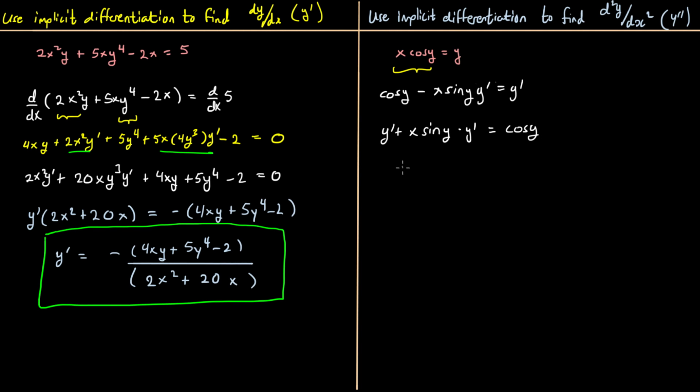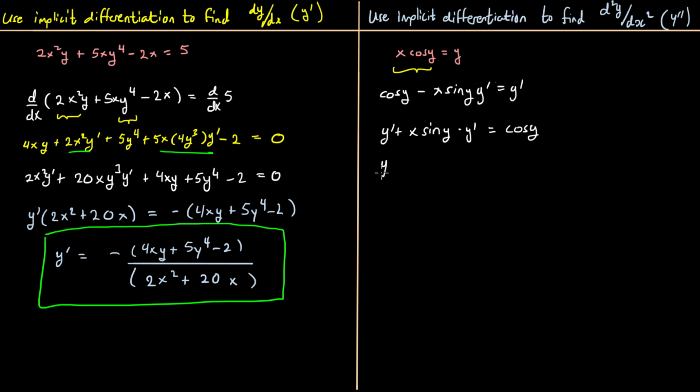Okay, which means that if we choose, we can differentiate this equation one more time. But actually, let's go ahead and solve for y prime first, and then we're going to differentiate.